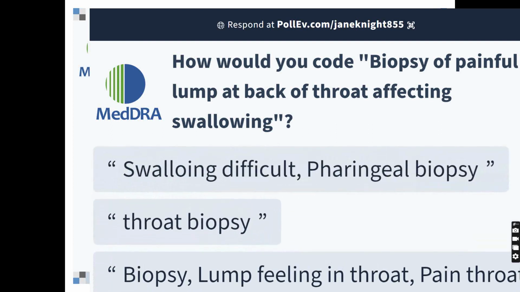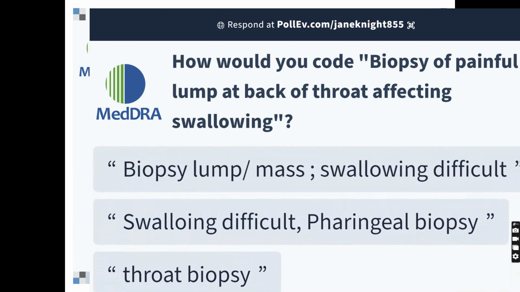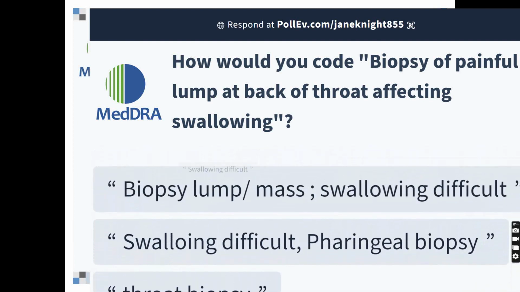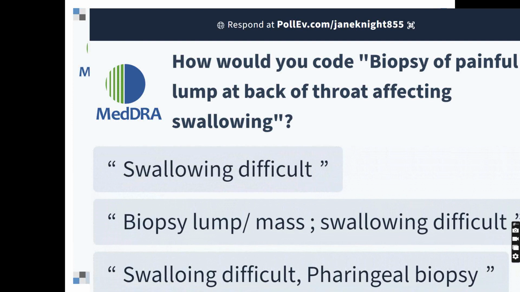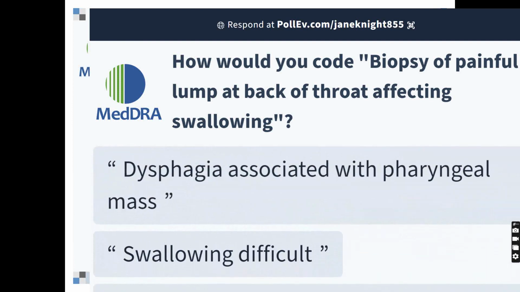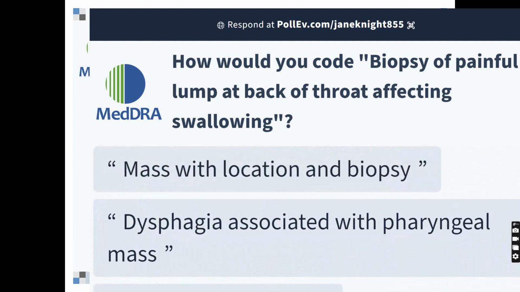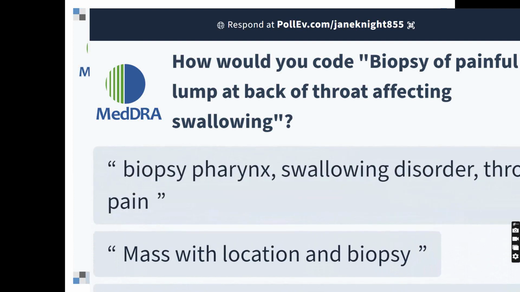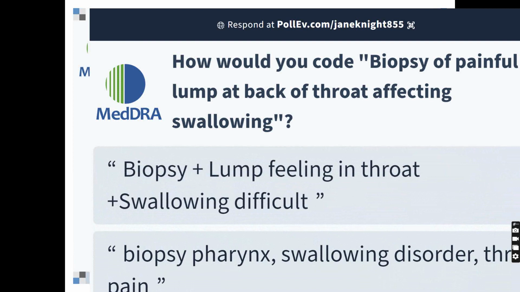Biopsy is being reported either as a general biopsy or pharyngeal biopsy, which sounds more specific. Swallowing difficult is coming up. But I see that we've got a difference of opinion between either pharyngeal mass or lump feeling in throat. Okay. So some consistency among you, but a couple of different opinions.